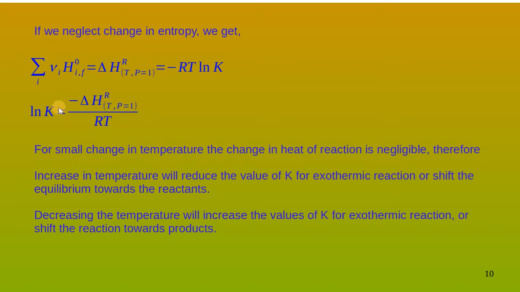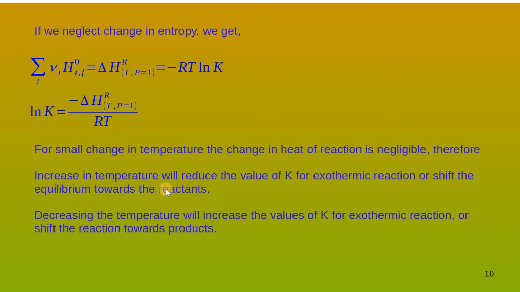Now ln K is equal to a positive number divided by T. So ln K is inversely proportional to temperature for an exothermic reaction. So therefore it is but natural that for an exothermic reaction, increase in temperature will reduce the value of K. And reduction in the value of K means the reaction equilibrium has shifted towards the reactants.